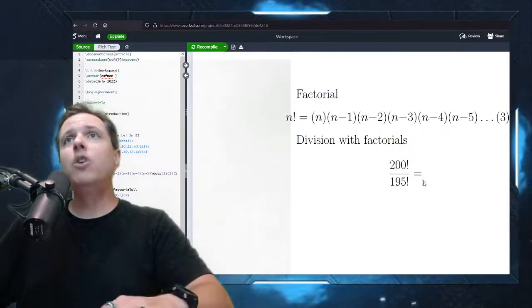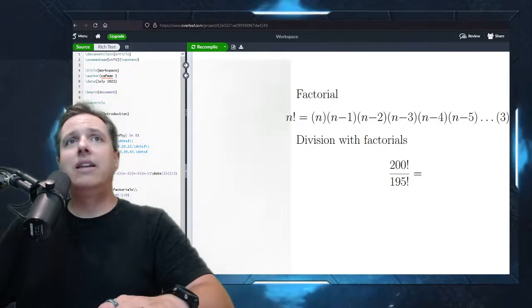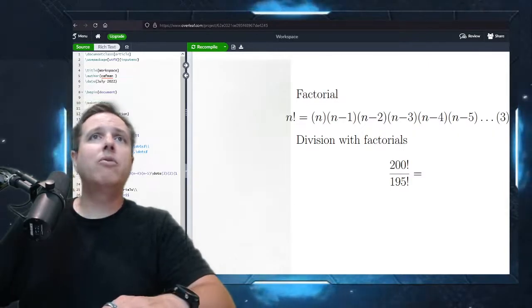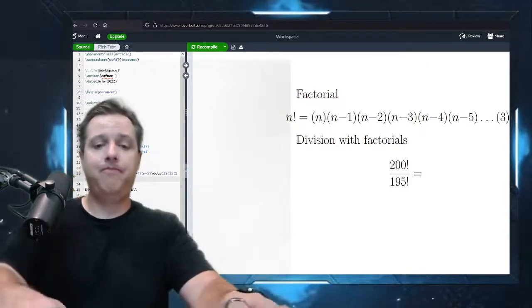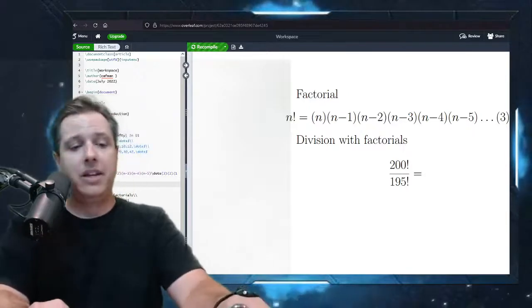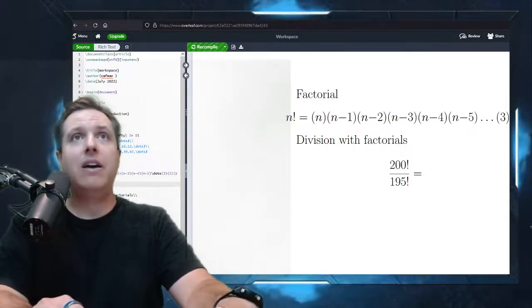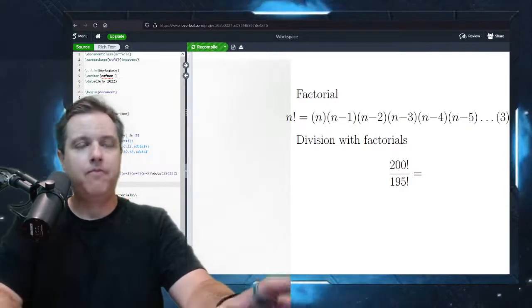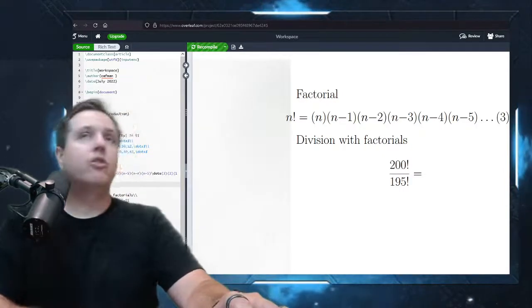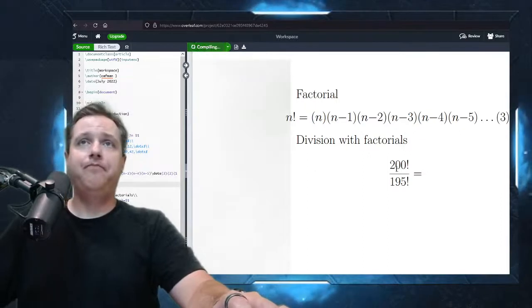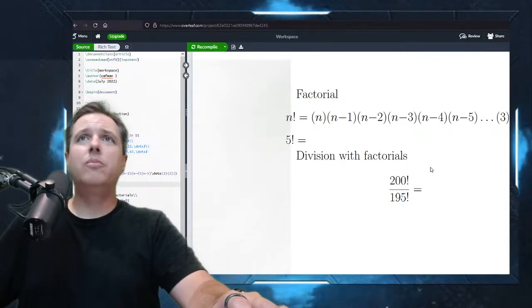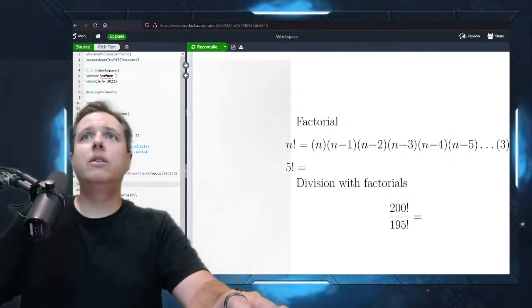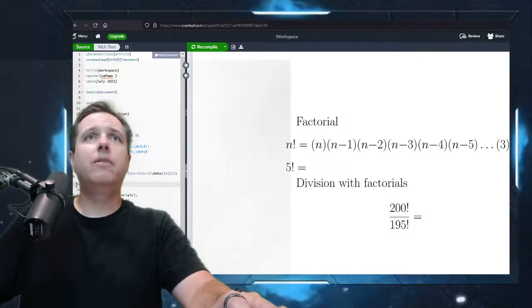So what you want to recognize is that there's the following pattern. Let's say we have 5 factorial.